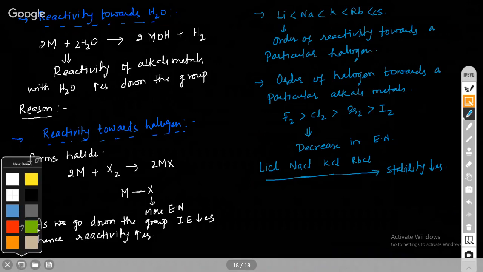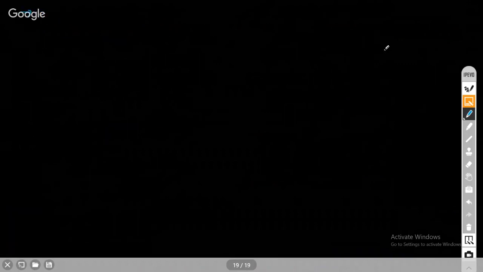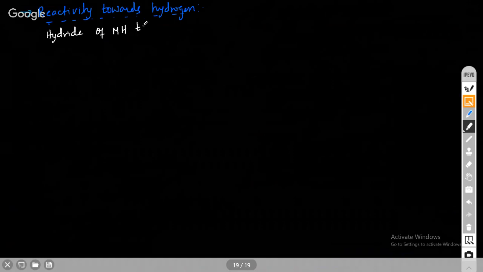Next, you see, reactivity towards hydrogen. Write down: alkali metals react with hydrogen and form hydride of MH type.